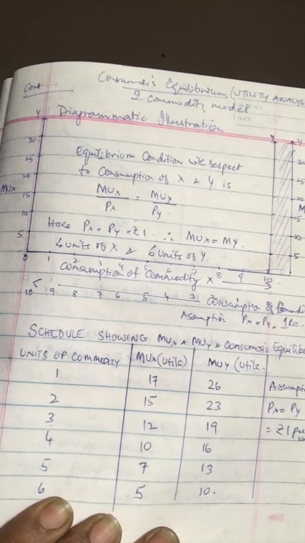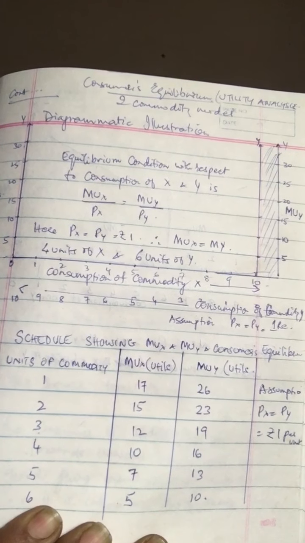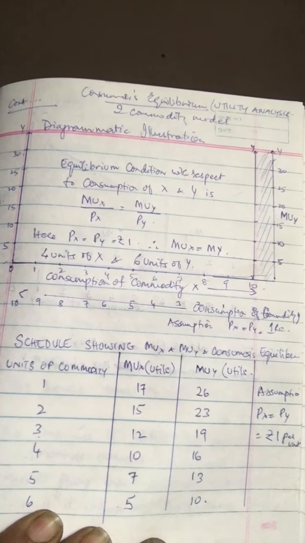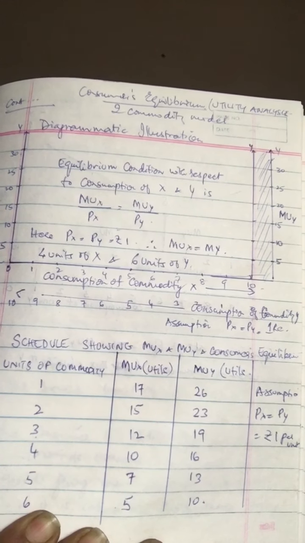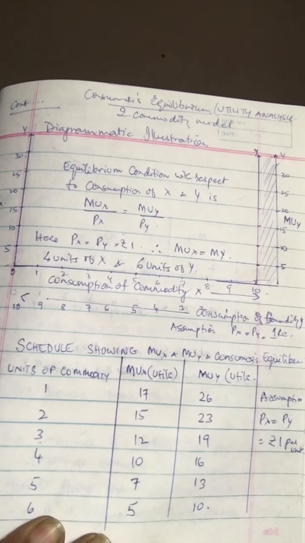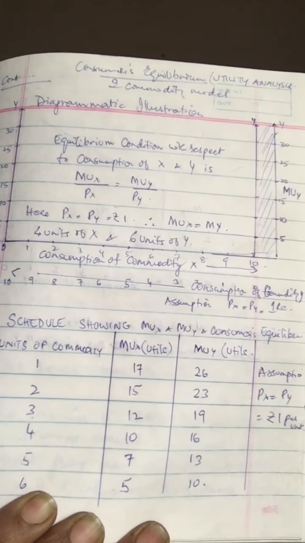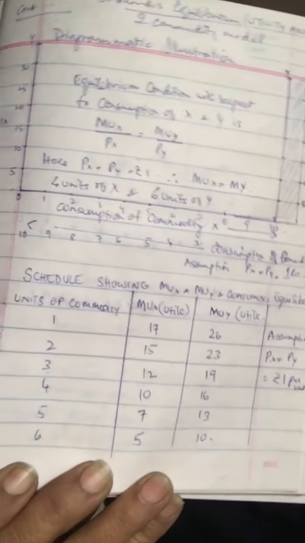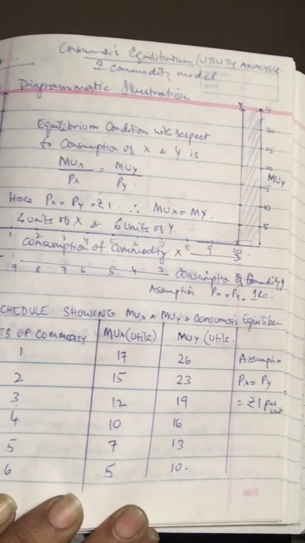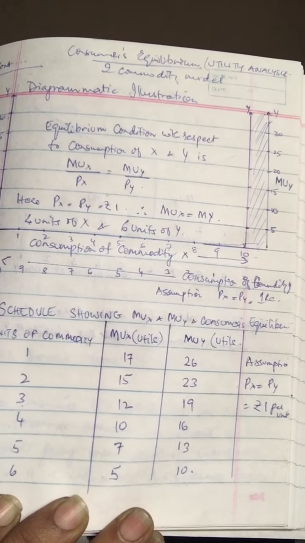It's a simplified tabular illustration of consumer's equilibrium considering good x and good y. The table is based on the assumption that Px, price of x, is equal to price of y, is equal to rupee 1. With this assumption, the equilibrium equation MUx upon Px is equal to MUy upon Py is equal to MUM changes, because it's divided by 1, so it becomes MUx is equal to MUy is equal to marginal utility in terms of money.